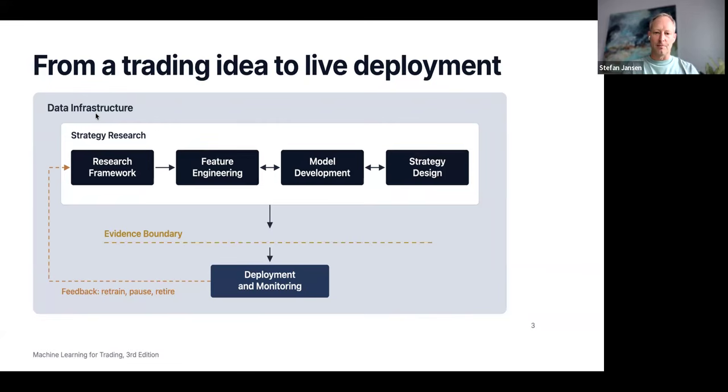live deployment, of course. So then we discussed the strategy research loop in depth with a new introduction into how you actually come up with a trading idea, how you think about the economic rationale that you hopefully have behind a strategy to understand why it would actually be reasonable to expect that with your trading idea you should expect some excess return and why that excess return might still exist or what would cause it to be competed away.